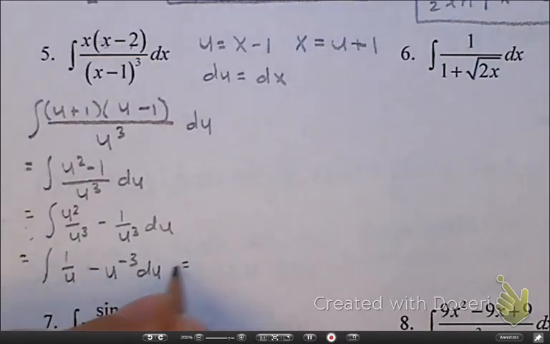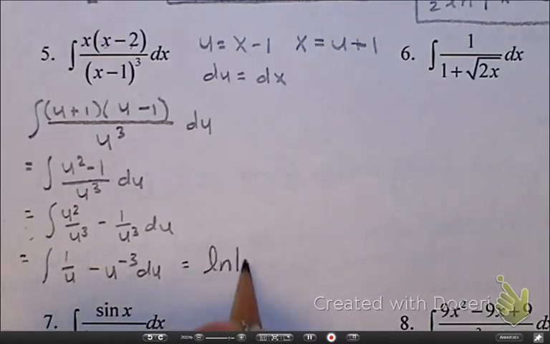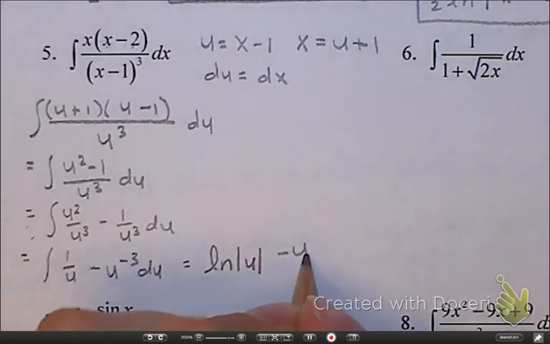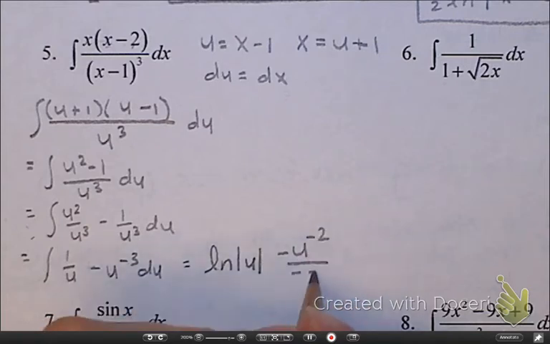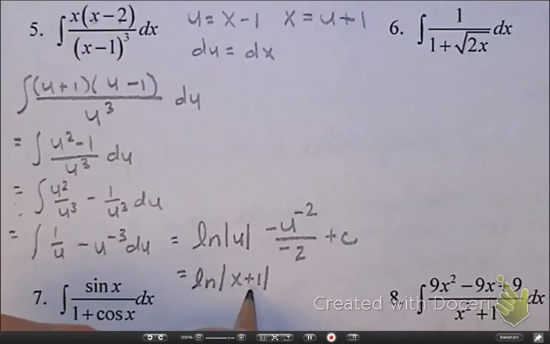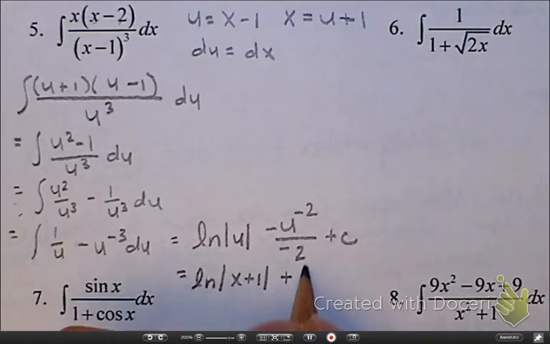So if I integrate that, I get ln of absolute value of u. The integral of negative u to the negative 3 is negative u to the negative 2 divided by negative 2 plus c. So my final answer is ln of the absolute value of x minus 1, because that's what u is. The negative negative cancels out, so that's plus 1/2.